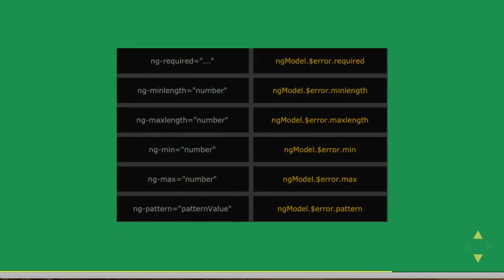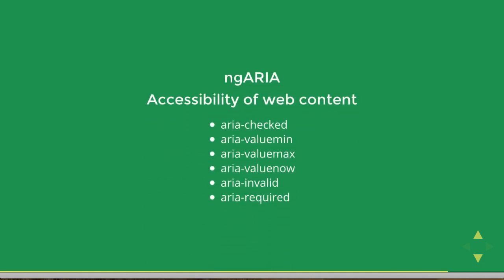And these are the attributes for validation. You can have required, minimum length, maximum length, min number, max number, if it's an integer input, and then a specific pattern value. Each of those allows you custom logic on the ng-model object.